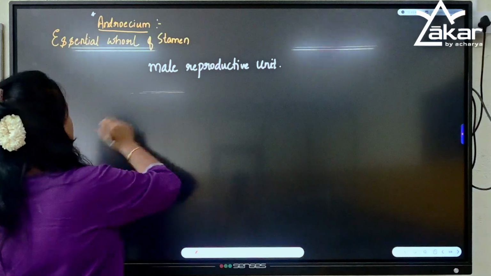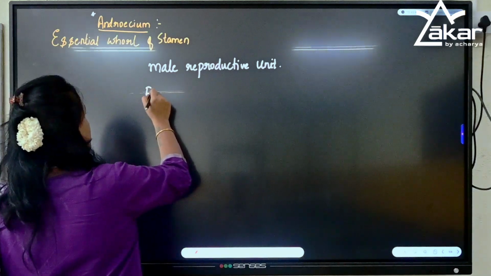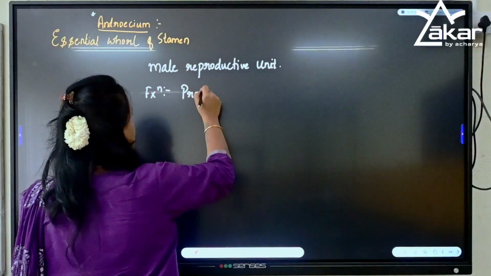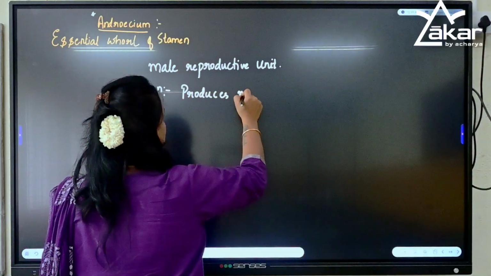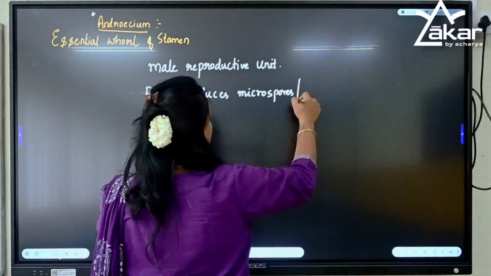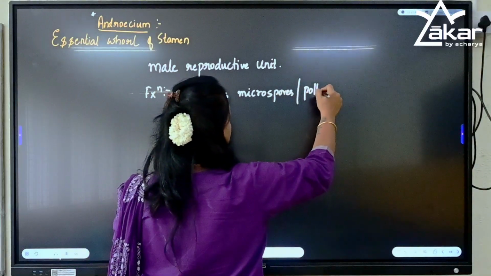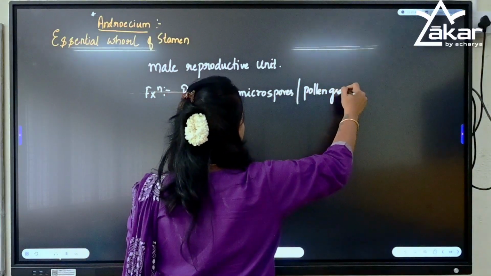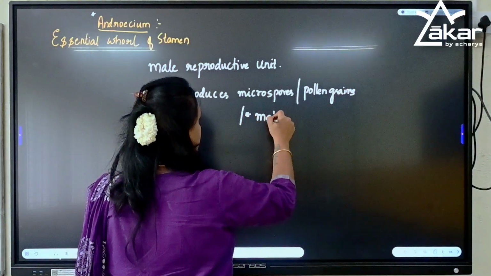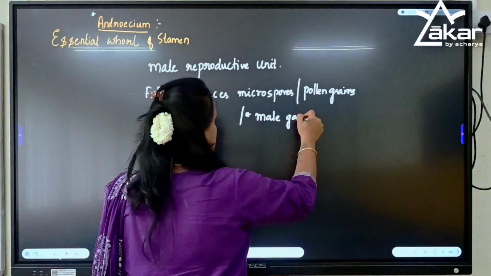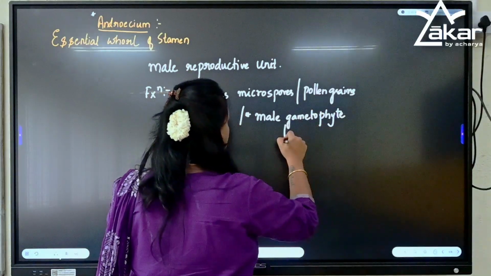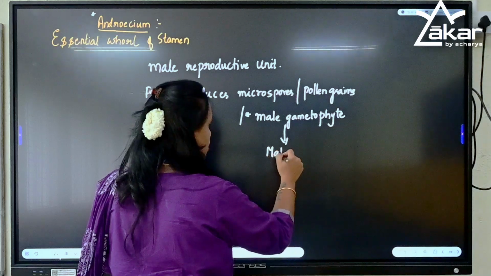Now if we consider the function of this male reproductive unit, it produces microspores, also called pollen grain, and in other terms it is also called male gametophyte. So male gametophyte contains male gametes.